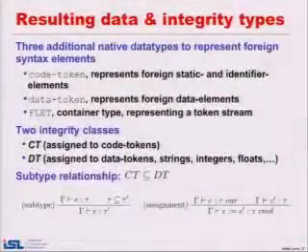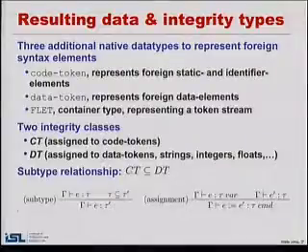Next, we need two integrity classes because we want to use the Biba model to formally ensure that we're doing the right thing. Therefore, we have two integrity classes, CT and DT. CT, for code token, is assigned to code tokens only.